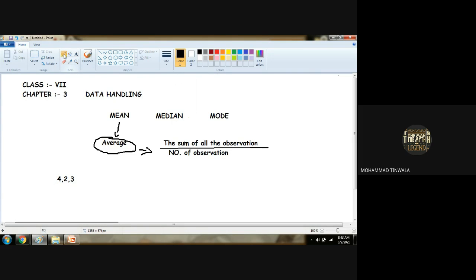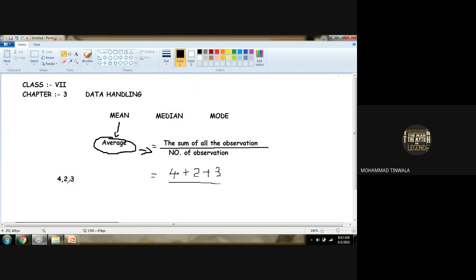So what does it mean? How to find the mean of the given data? The mean is found with this formula: the sum of all the observations. That means we have to add all the observations, so 4 plus 2 plus 3, upon the number of observations.